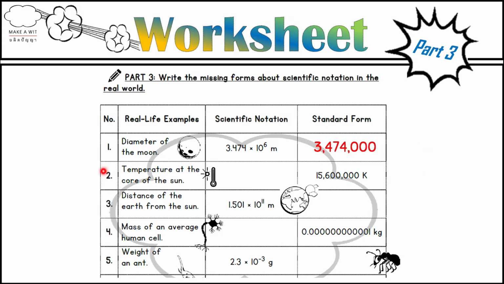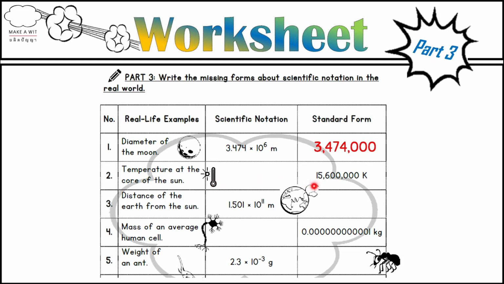And let's see one more example. How about number 2? Temperature at the core of the sun. Temperature, oh, it's very hot. It could be pretty hot. This is standard form, right? 15,600,000 Kelvin. Okay, so what is that? What is your decimal?